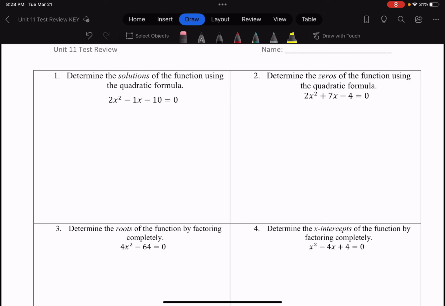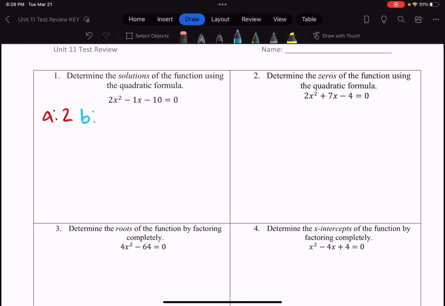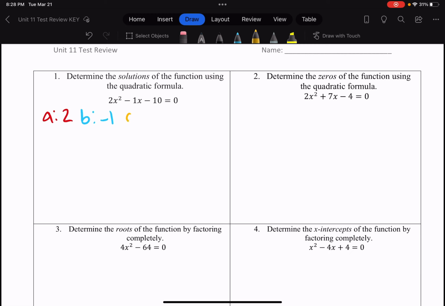And the first one it says determine the solutions of the function using the quadratic formula. So in order to utilize the quadratic formula, we've got to be able to identify A, B, and C. So our A value in this case is 2. Our B value is -1. And our C value is -10.